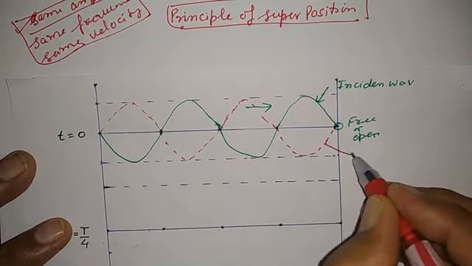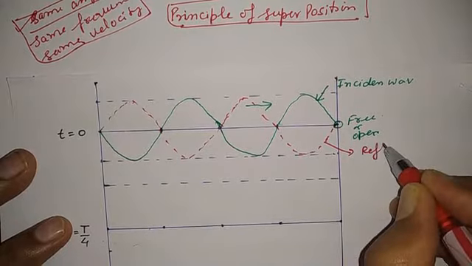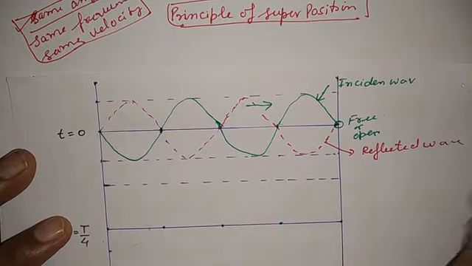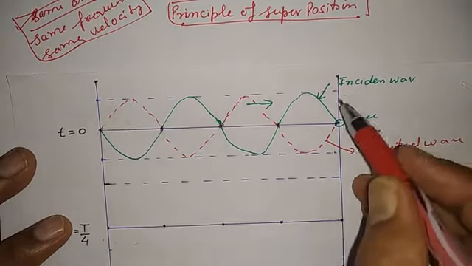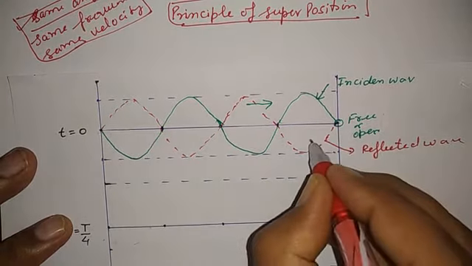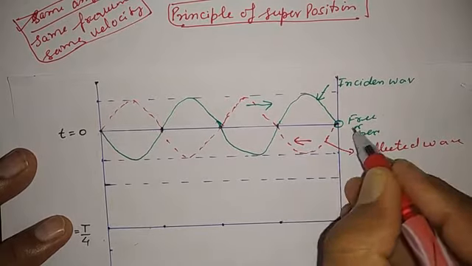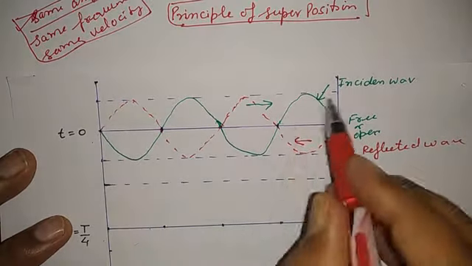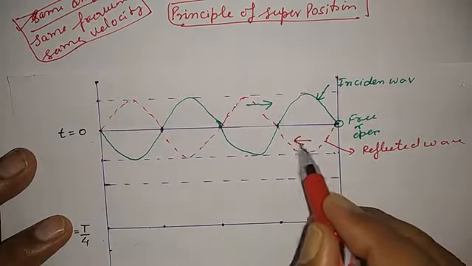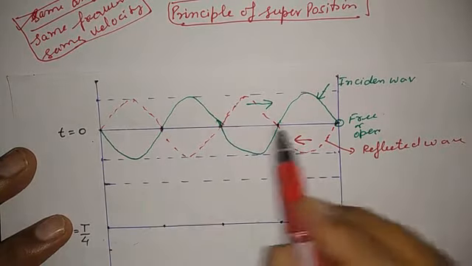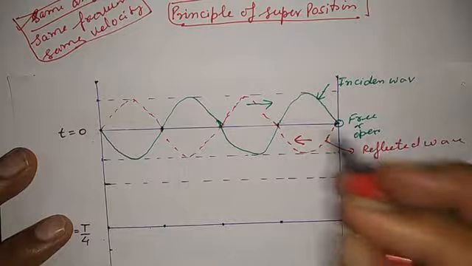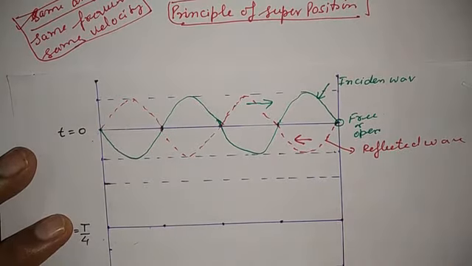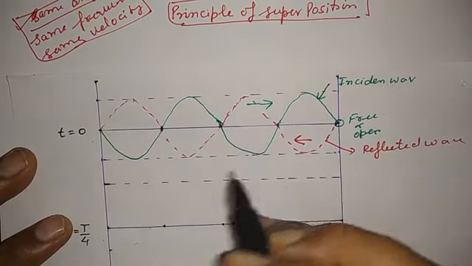This is the reflected wave here, right? These two waves: the reflected wave travels in this direction from the free end, and the incident wave in this direction, represented by the arrows here. Both combine by the principle of superposition. So see the resultant wave, represented by the black color here.